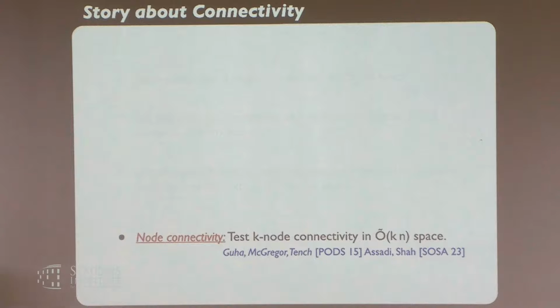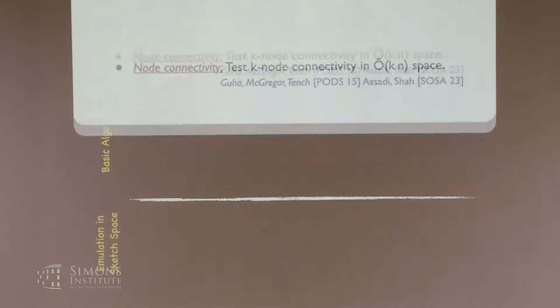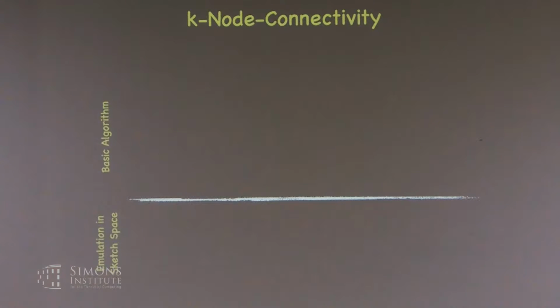Another example is k-node connectivity, where we came up with an algorithm that used k-squared n space, and Sepehr and Vihan, sorry, improved it last year to kn. Again, it's this nice template of designing a non-streaming algorithm for k-node connectivity.